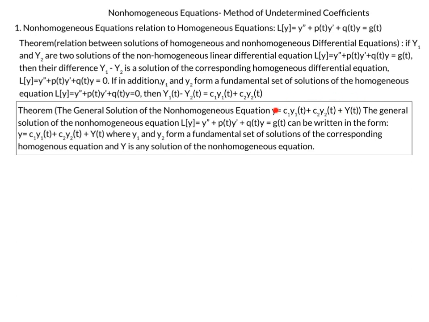The next theorem we have is about the general solution of the non-homogeneous equation, and the general solution takes this form. It's the fundamental set of solutions here, plus the particular solution to the non-homogeneous equation.